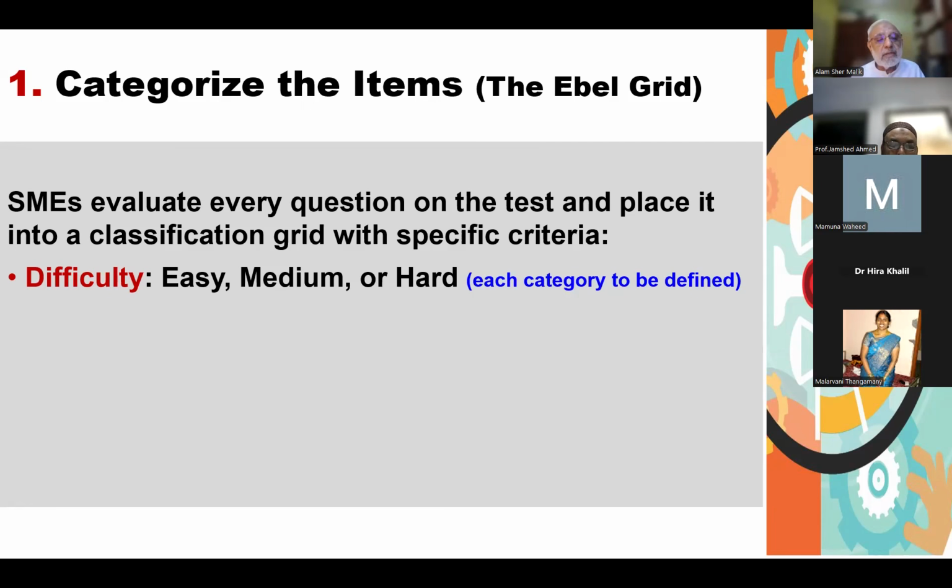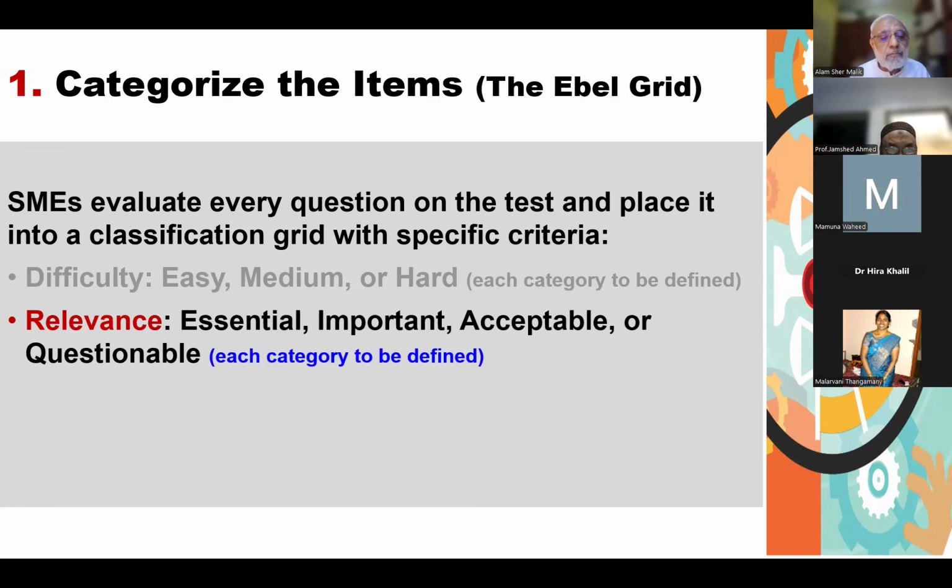Based on relevance, there are 4 criteria: whether the information or piece of knowledge being tested is essential, or important, or acceptable, or questionable, meaning not sure.